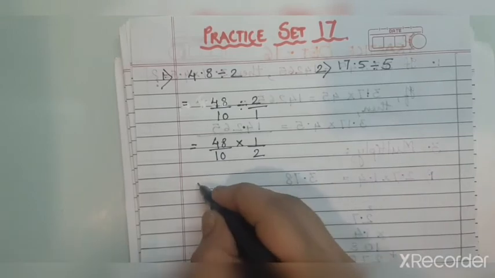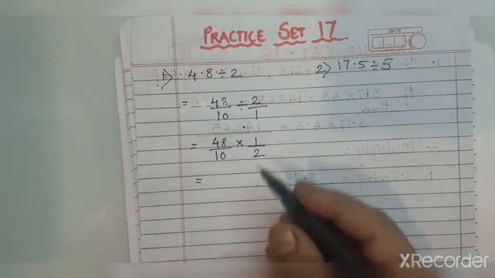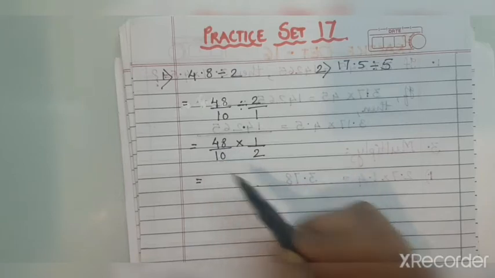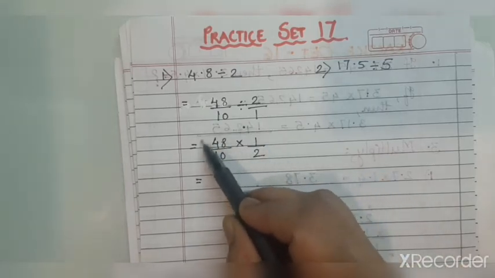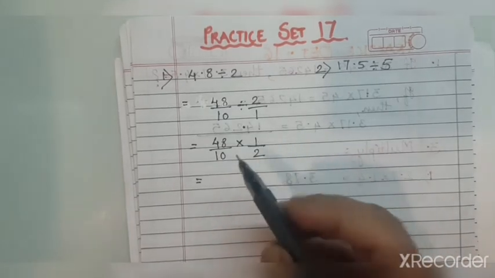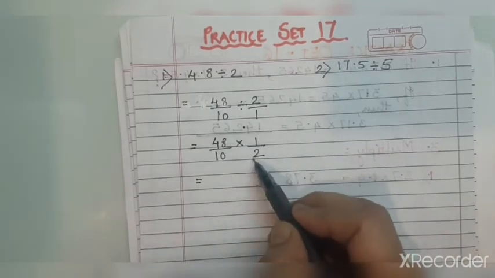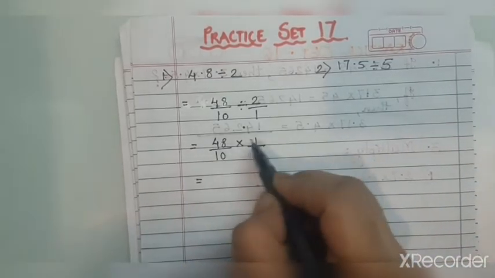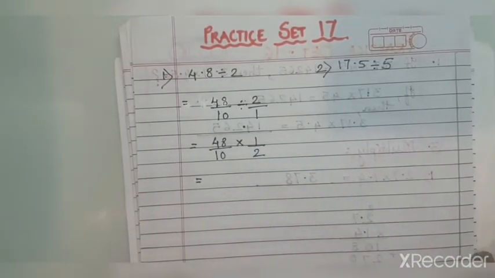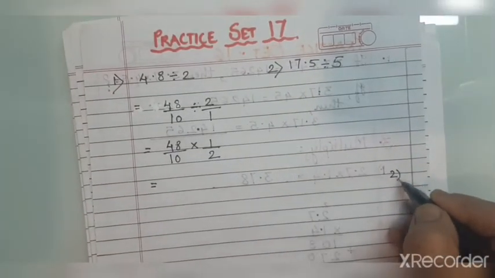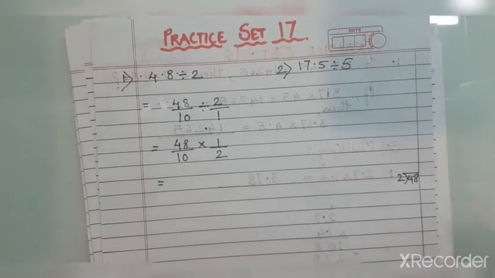Okay children, now what we'll do is we'll try to keep this 10 as it is in the denominator and we will solve the other numbers. Now 48 ones are 48. Clear? Divided by 2. So either you can do it in the rough work or you can cancel here directly. If you have to do it in the rough work, 2 divided by 48.